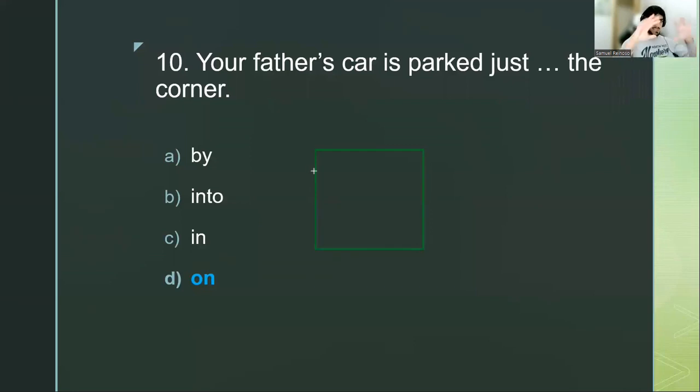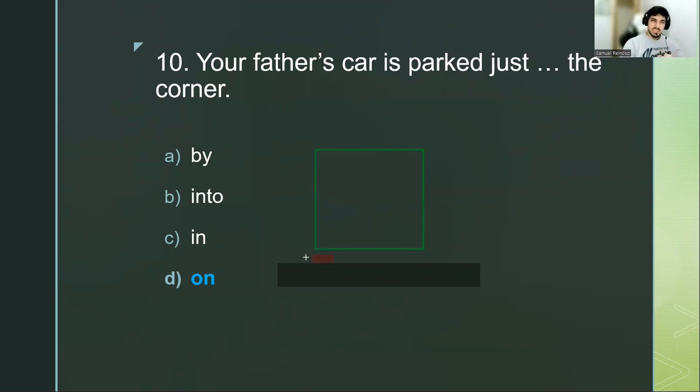Let's imagine that this is a building, like a map of a parking or something like that. And that's a road. And the car is parked just on the corner. Do you know corner? Esquina, right? Okay, so the car could be like here, right?